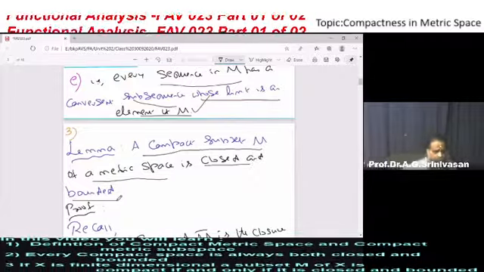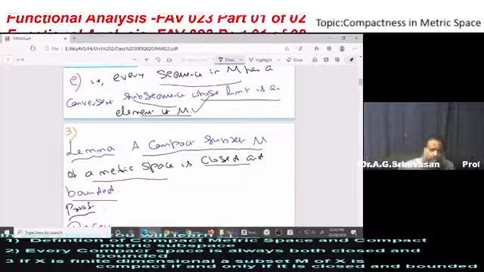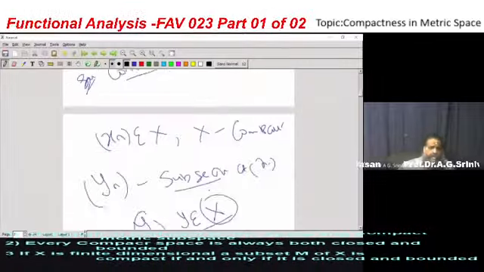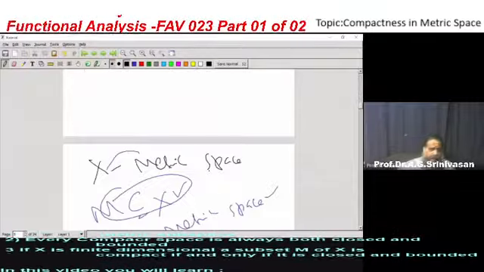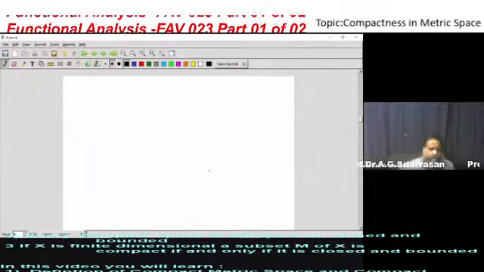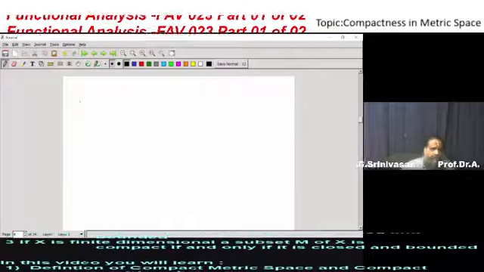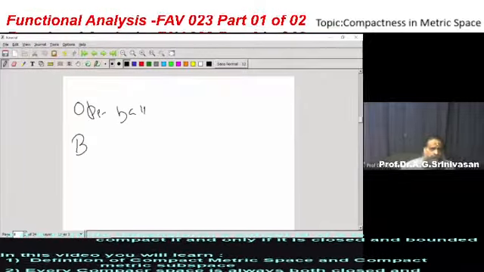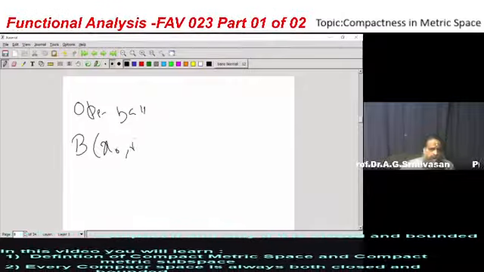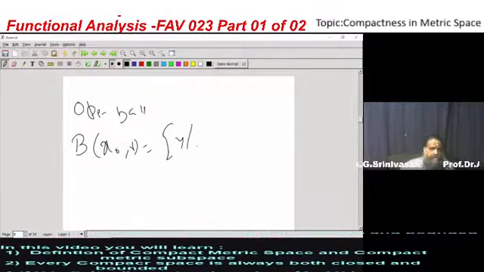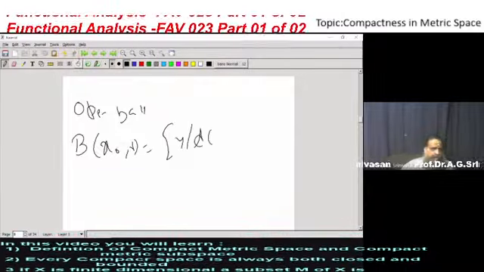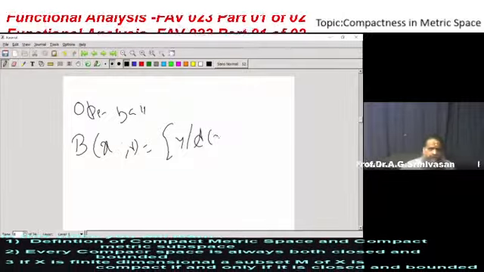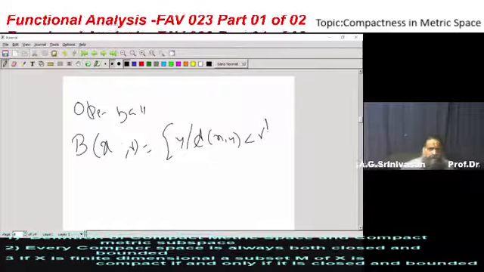What is closed, by the way? To recollect what is closed, because we only discussed open sets in the first unit in a detailed manner. What is a closed set? For that, I define an open ball first. So what is an open ball? An open ball is B of x0, r, the set of all y such that d of x0, y is less than r.